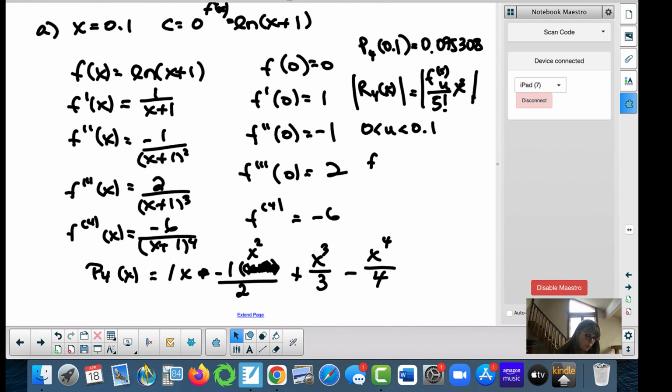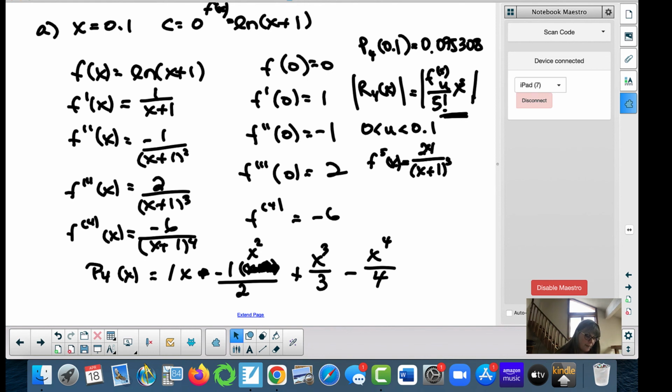So this part right here, if we take the fifth derivative of f, taking this one more time gives us 24 over x plus 1 to the fifth.